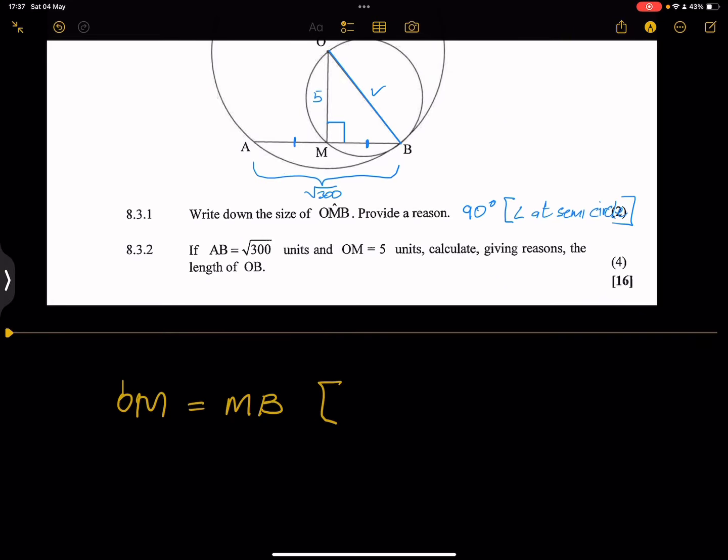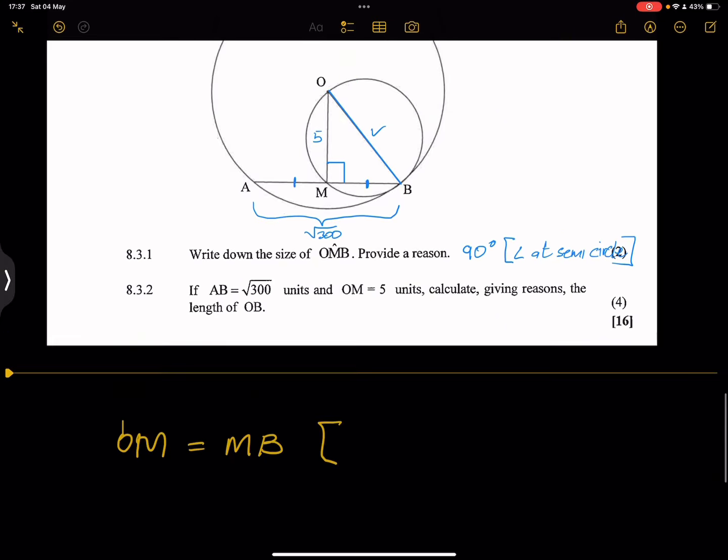We are just simply going to say a line from the center is perpendicular to the chord. Okay, we know if a line from the center is perpendicular to the chord, it bisects that chord.